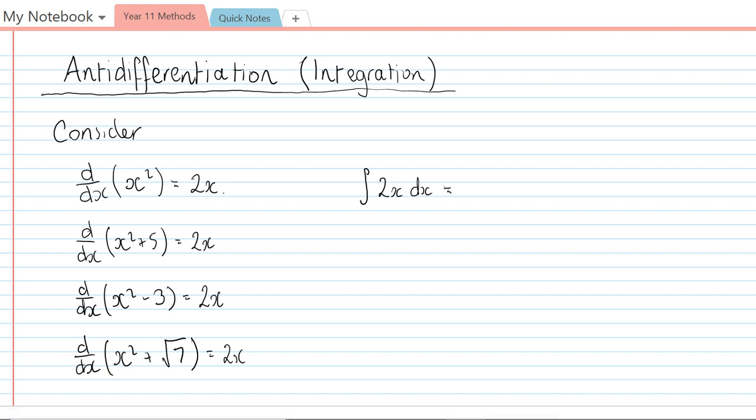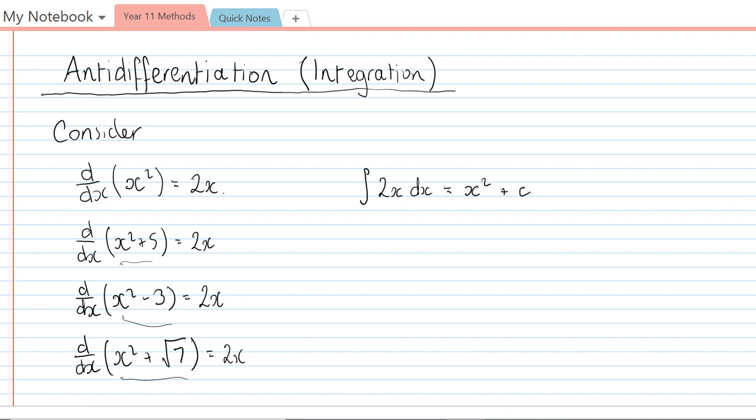But when I do that, I know that the 2x is always going to give me an x squared. The problem is, it might have been an x squared plus 5 that I started off with, or it might have been an x squared minus 3 that I started with, or it might have been an x squared plus root 7. I just can't know. And so I also have to actually include in my answer a plus c.